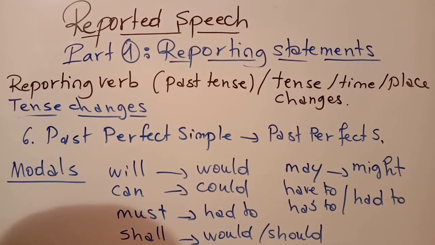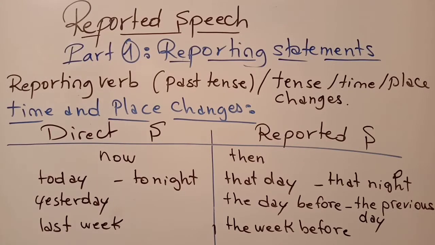"Shall" is either "would" or "should," it depends on the sentence. But if you have the past form of the modal, you don't change it. If you have "would," it remains "would." If you have "could," it remains "could." Clear? Good.